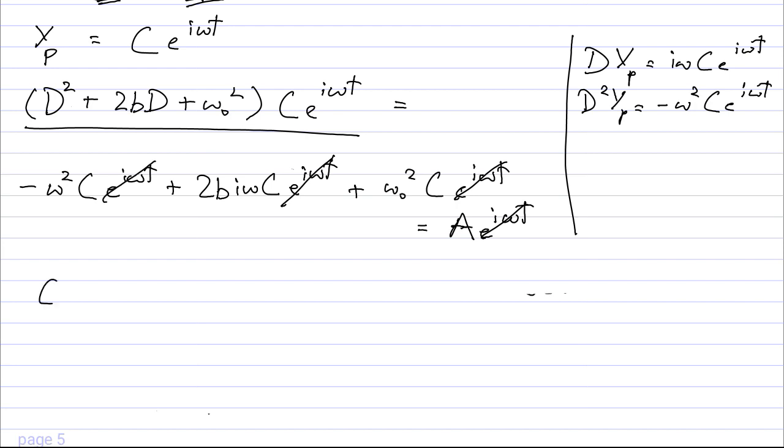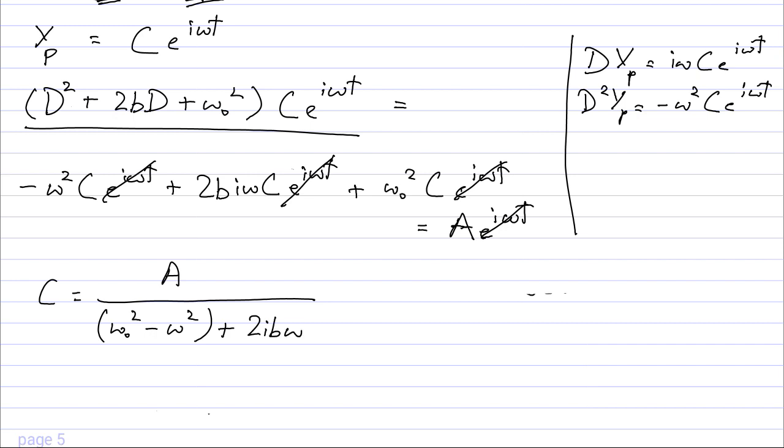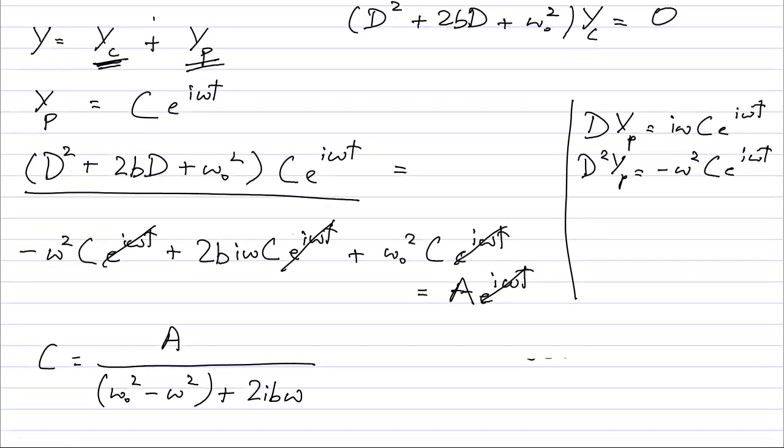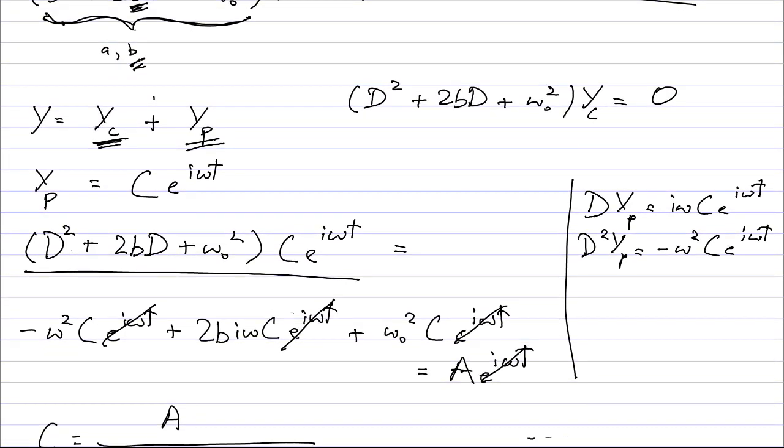So C from here comes out to be A divided by omega naught squared minus omega squared plus 2ib omega. Over here, remember, when I find this thing, I need to find small y.